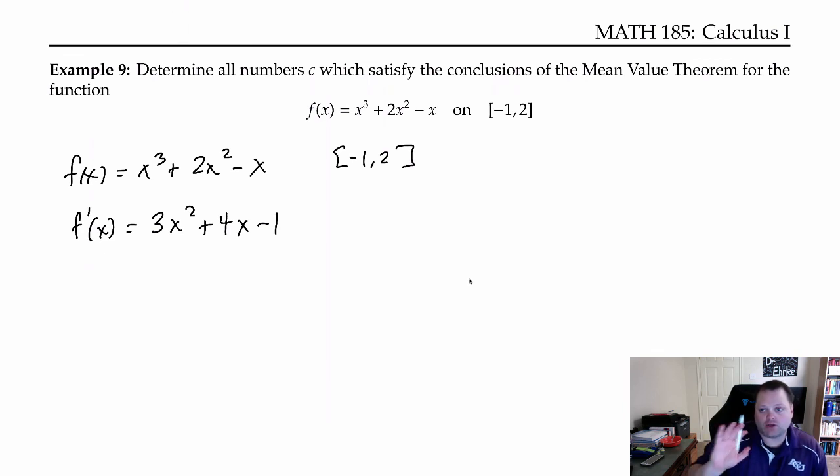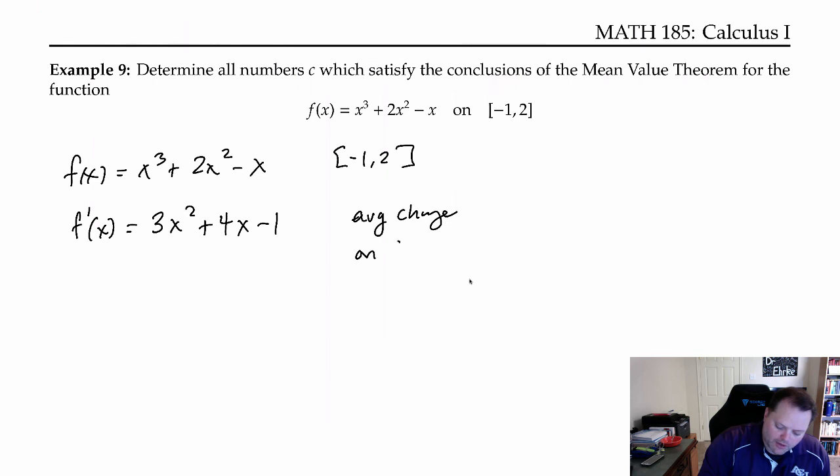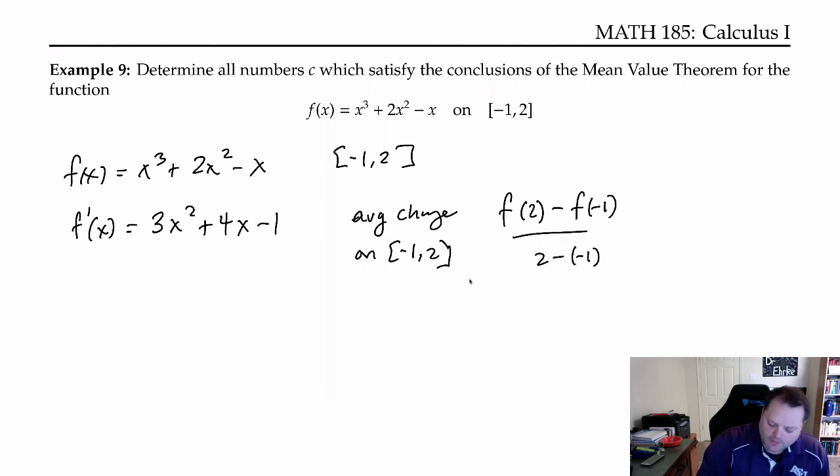And we're trying to look at the mean value theorem. Remember, the mean value theorem is about the average rate of change. So the average change on the interval from minus 1 to 2 is f at 2 minus f at negative 1 over 2 minus negative 1. So f of 2 minus f of negative 1, this would be 12 over 2 minus negative 1, which is 3.